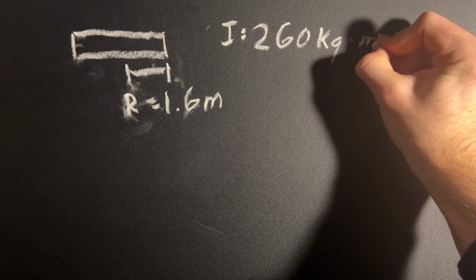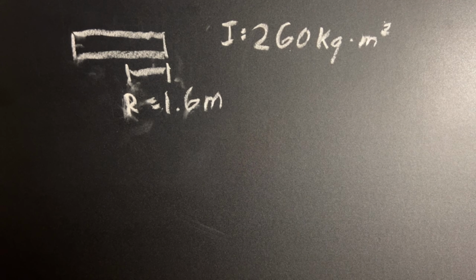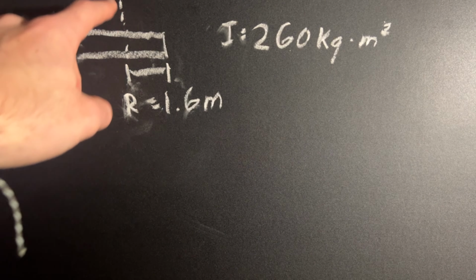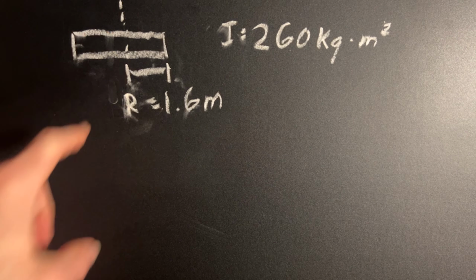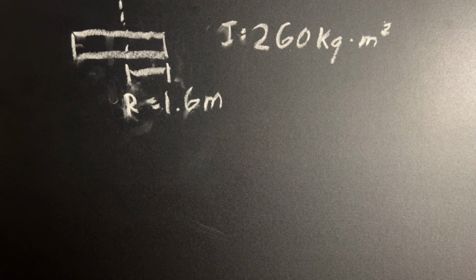Okay? Now, this merry-go-round is rotating around a vertical axle, as shown right here, vertical. Now, there's also a child.